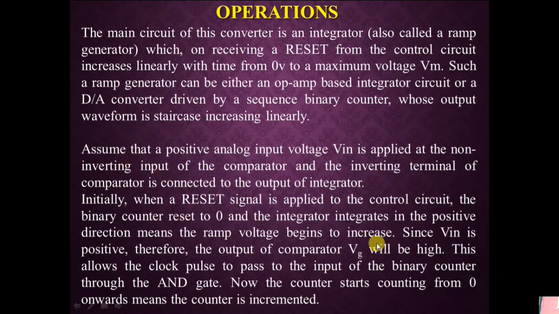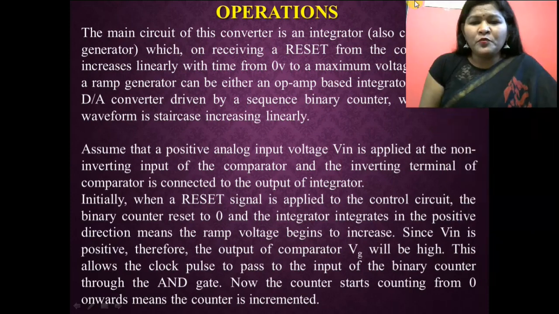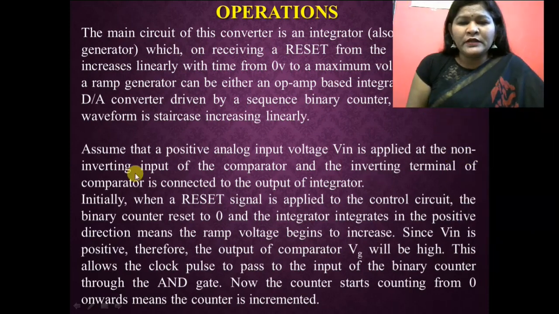Assume that the positive analog input voltage V in is applied at the non-inverting input of the comparator, and the inverting terminal of the comparator is connected to the output of the integrator. Initially, when the reset signal is applied to the control circuit, the binary counter is set to 0.